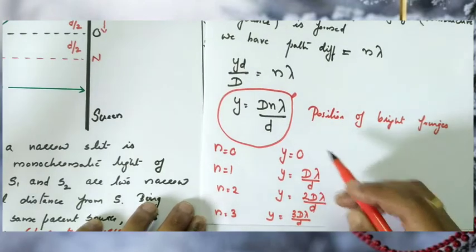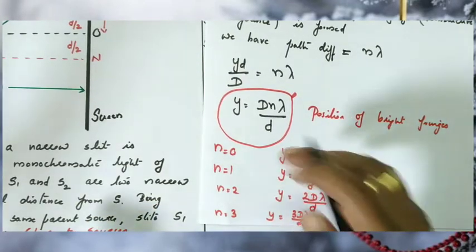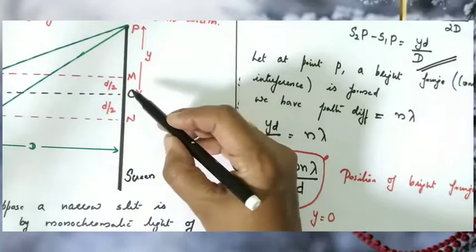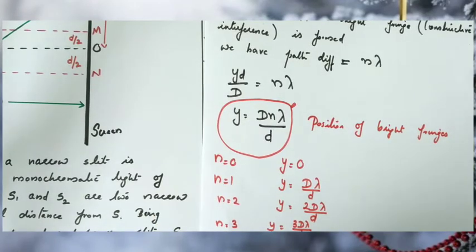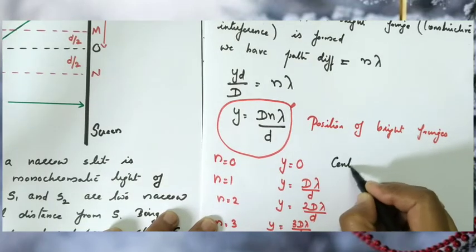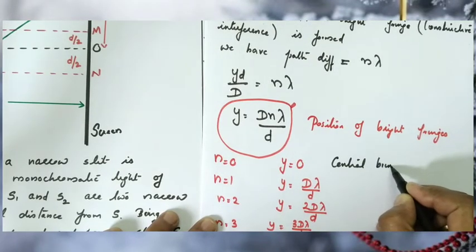So put n equal to 0, y equal to 0 means where is the position? That is the center region. Y equal to 0 means that is the center region. And that band is called the central maximum or central band. This is the position for central bright fringe.